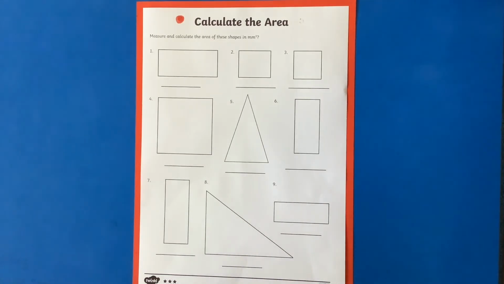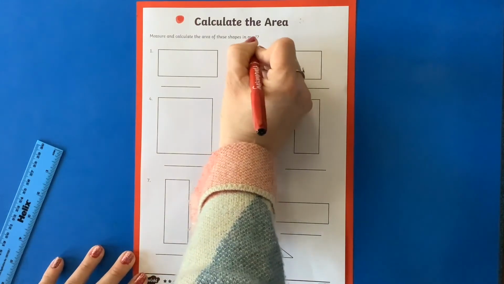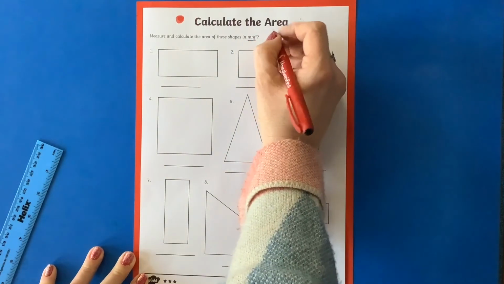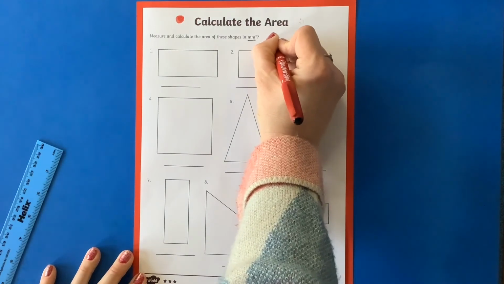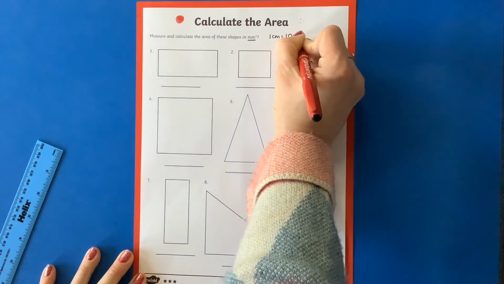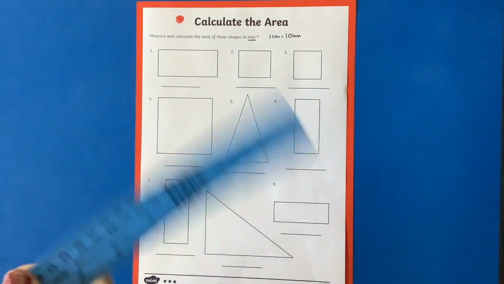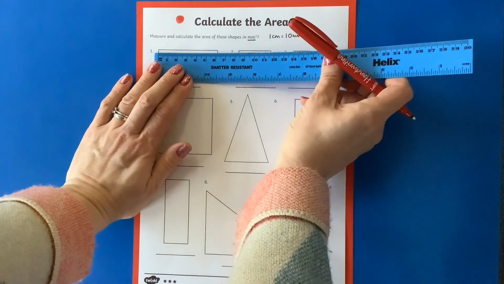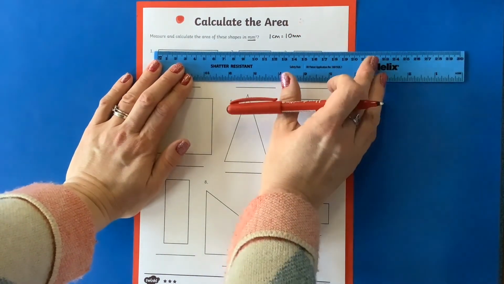For this one, you need to notice that it's asking you to calculate the area in millimetres squared. So you need to remember that 1 centimetre equals 10 millimetres. You could measure in your millimetres if you remember how to do that.